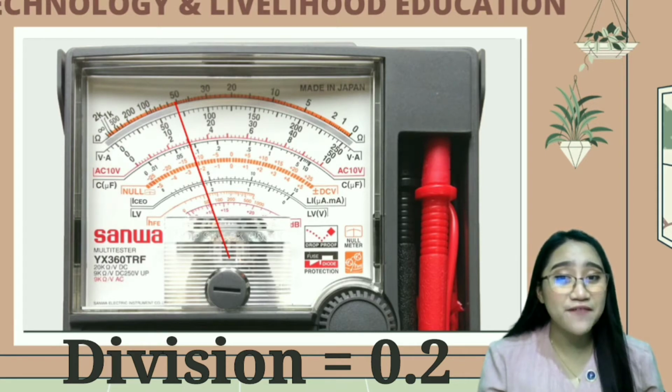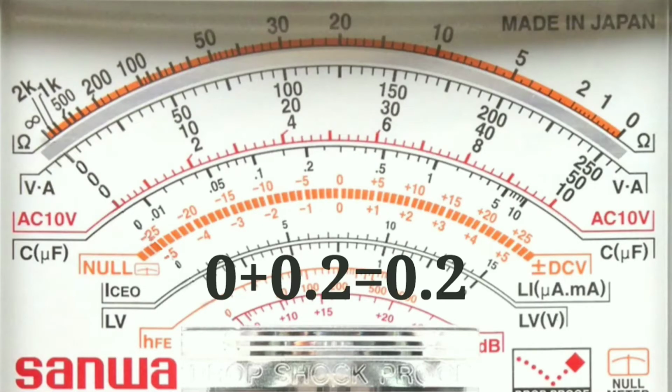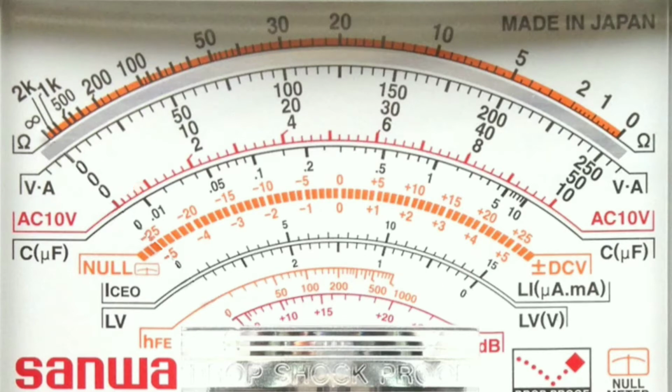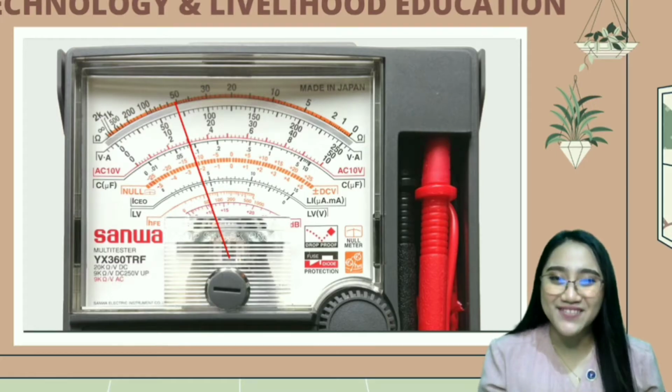Now let's check if it is correct. 0, 0.2, 0.2 plus 0.2 is equal to 0.4, 0.6, 0.8, 1, 1.2, 1.4, 1.6, 1.8, 2. It is correct.